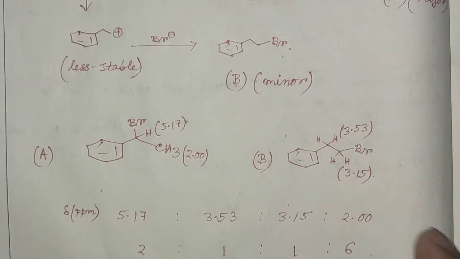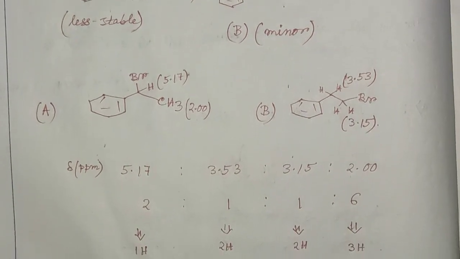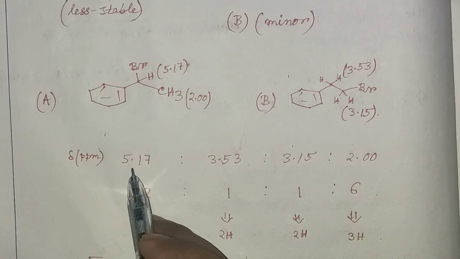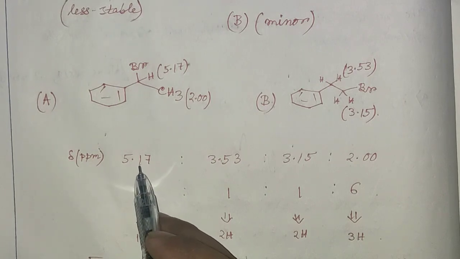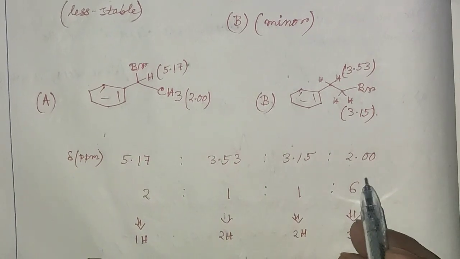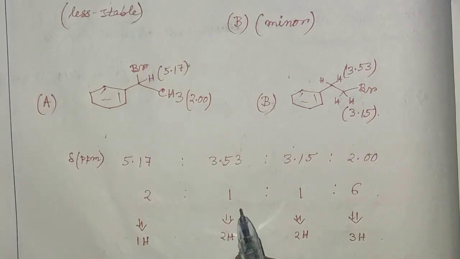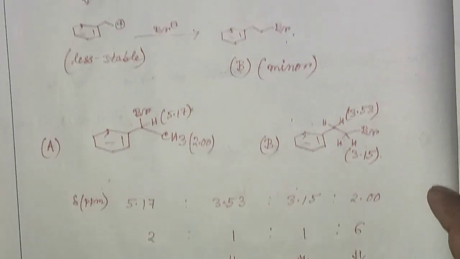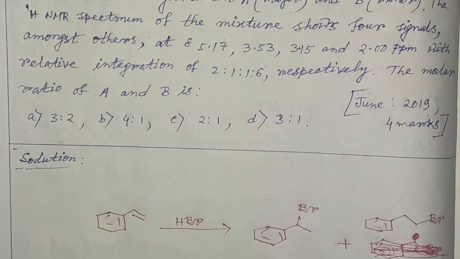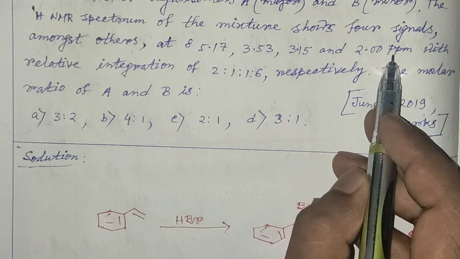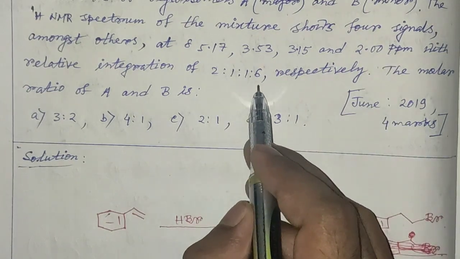Now from the given integration ratio, the peaks corresponding to these delta values have the integration ratio 2:1:1:6. This is given in the question. Like 5.17, this ppm value corresponds to this integration ratio.